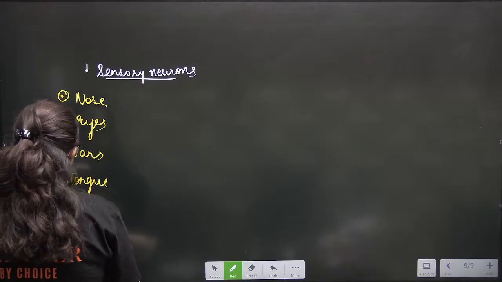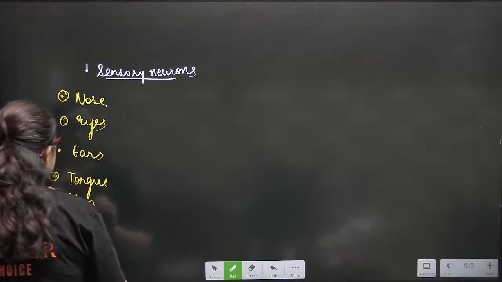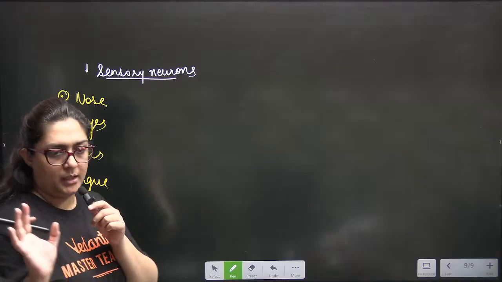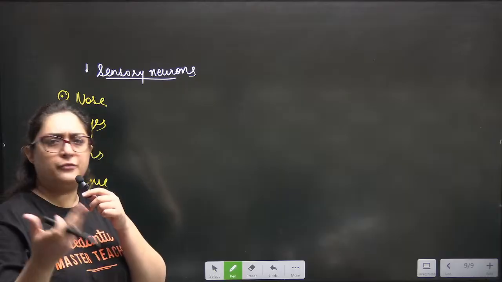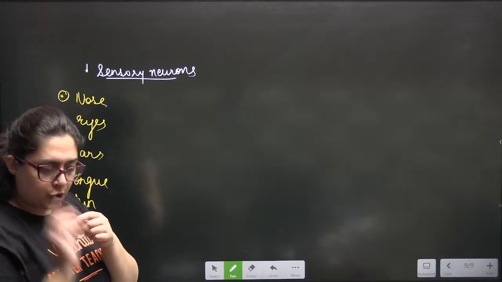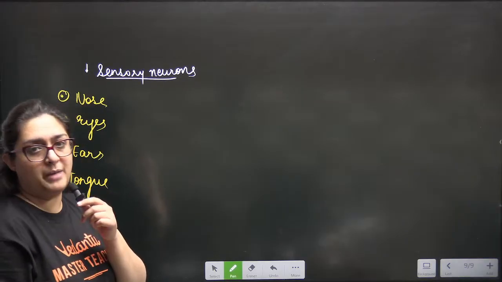Sense organs are the windows for the neuron. A neuron is non-functional if no stimulus is coming. When a stimulus comes, only then the neuron becomes active.